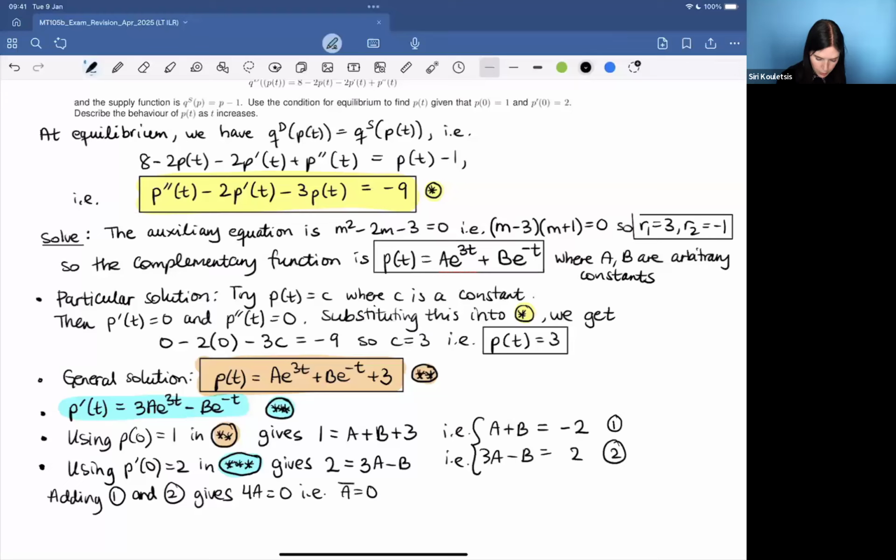So a equals 0. And now substituting that into either equation 1 or 2, we see that b equals minus 2.